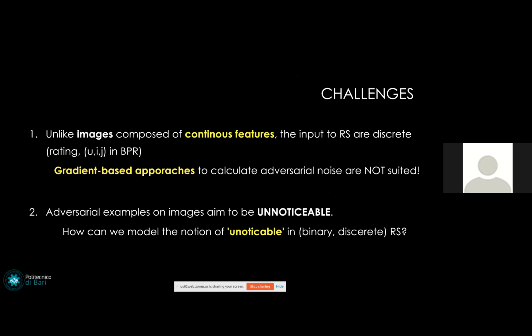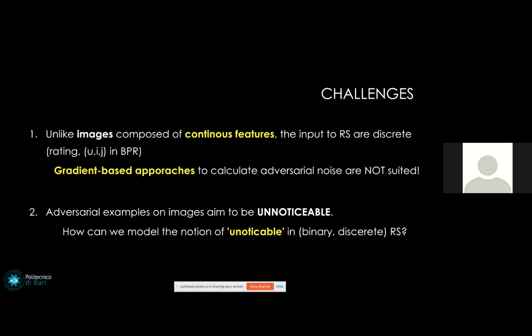Okay, so what are the differences between RecSys and image classification or other supervised learning tasks where adversarial examples were created? In the beginning, when this topic was introduced in the RecSys community, these two problems were identified. As it was mentioned, adversarial examples, or adversarial noise, we can call them, were originally created for supervised learning tasks such as image classification.